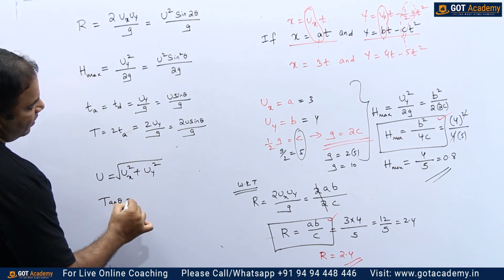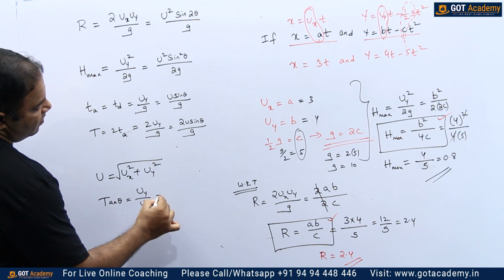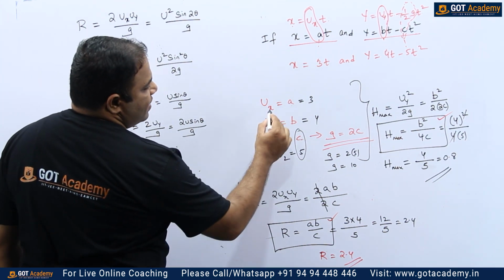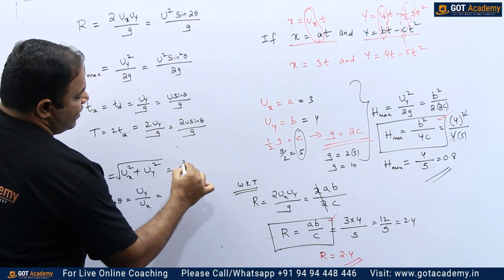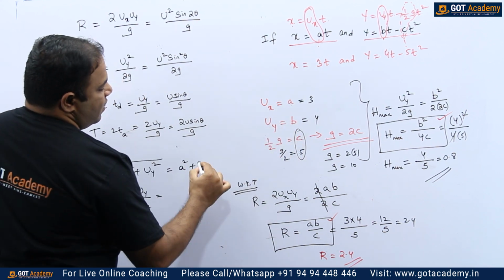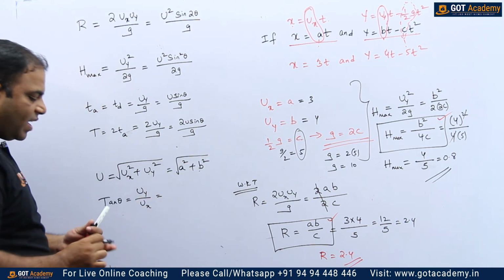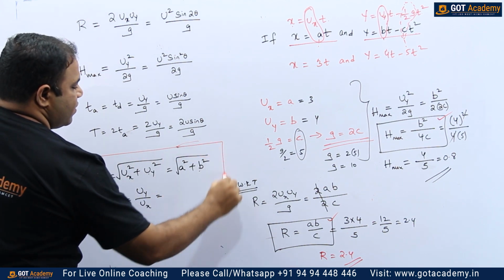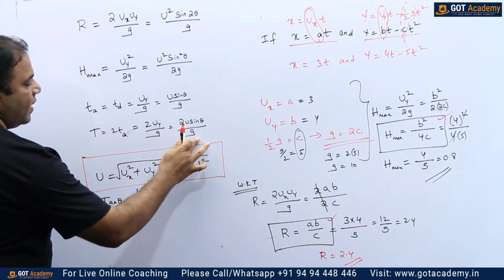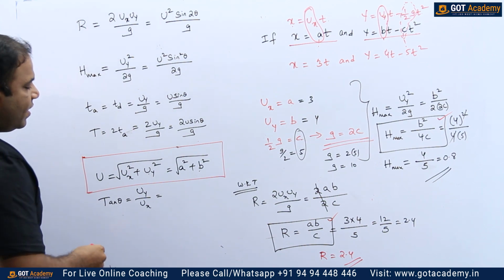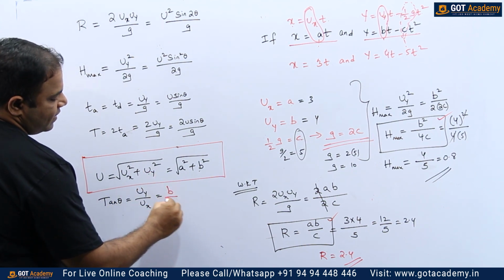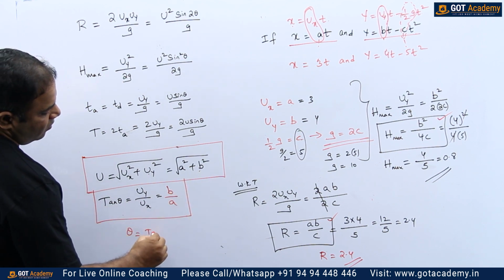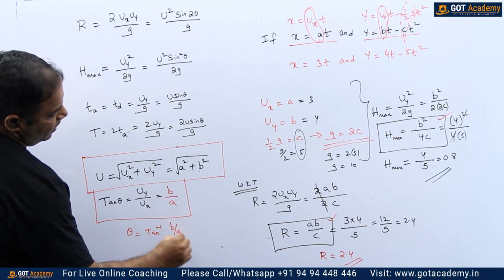Similarly, tan theta is given by y component by x component, which we have studied earlier during projectile motion. Here the x component u_x is taken as a, so write it as a squared, and the y component is taken as b, so write it as b squared. So the velocity of projection is root over a squared plus b squared. And tan theta is b by a, where theta is equal to tan inverse of b by a.